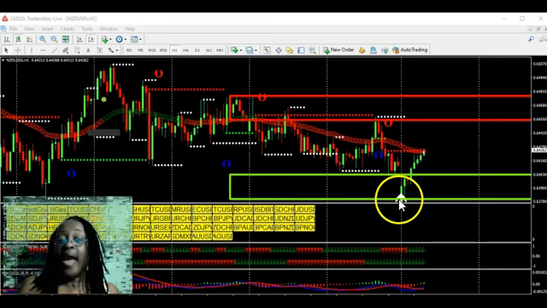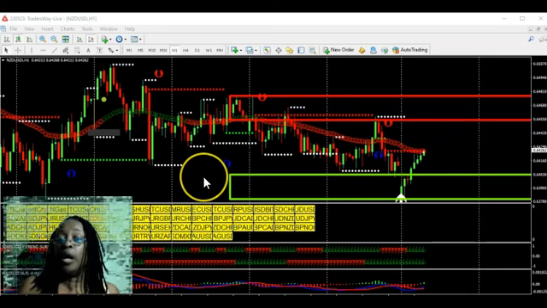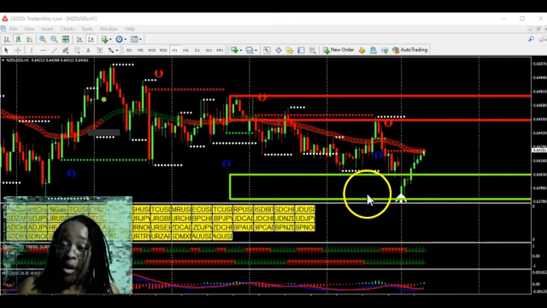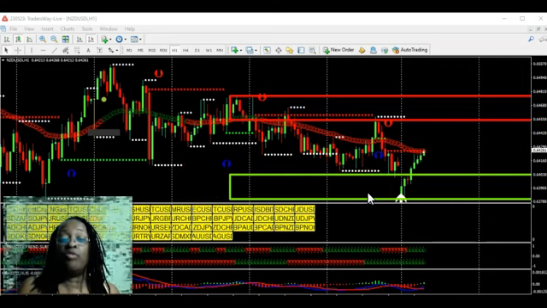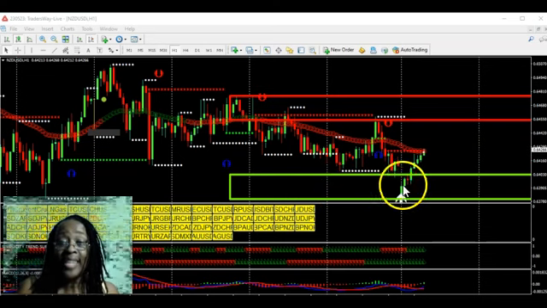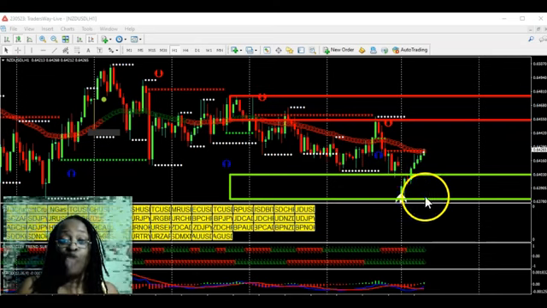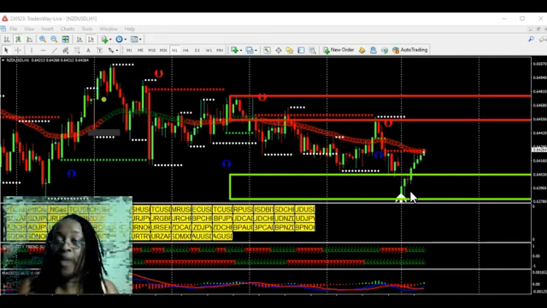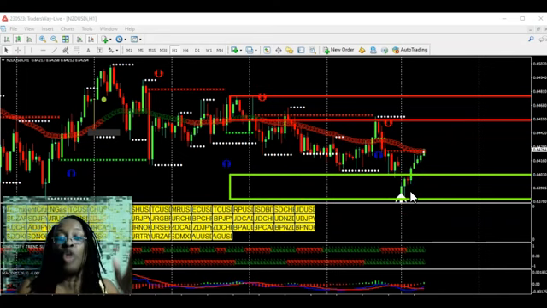Now, I added the big arrow from the original triple arrow system. However, if you do not have it, that's perfectly okay. The fact that price is inside of this demand zone automatically tells you it's going to go up.